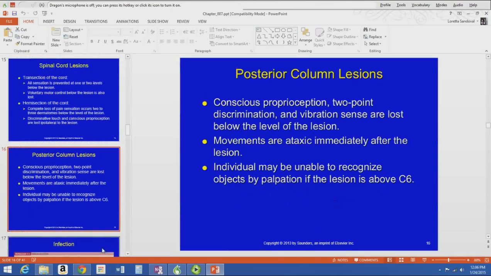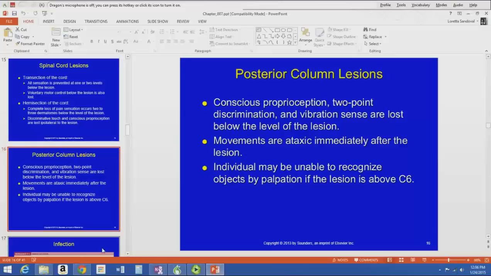Particularly with the posterior column lesions. So if someone has a partial spinal cord injury that affects the posterior column, we're going to lose all that stuff in the dorsal column. So that is that discriminative touch, the conscious proprioception, the vibration sense.